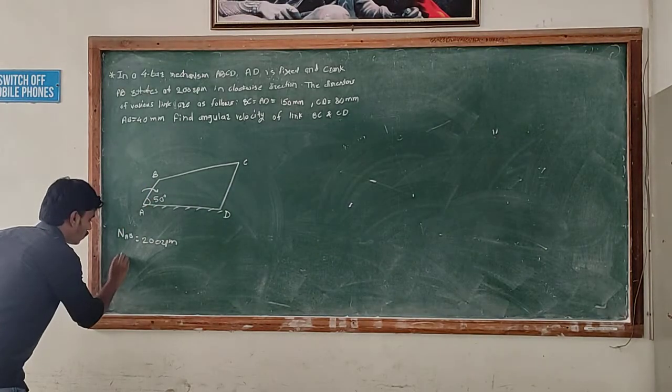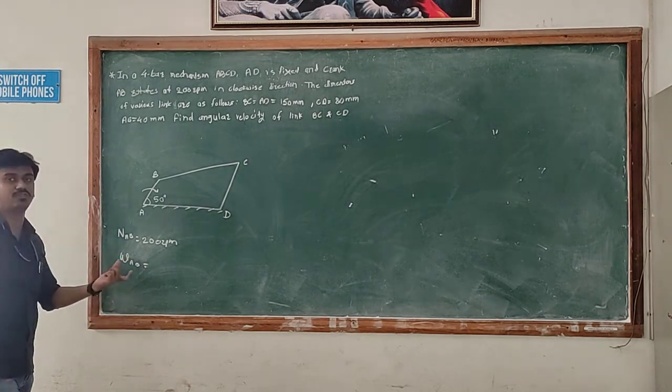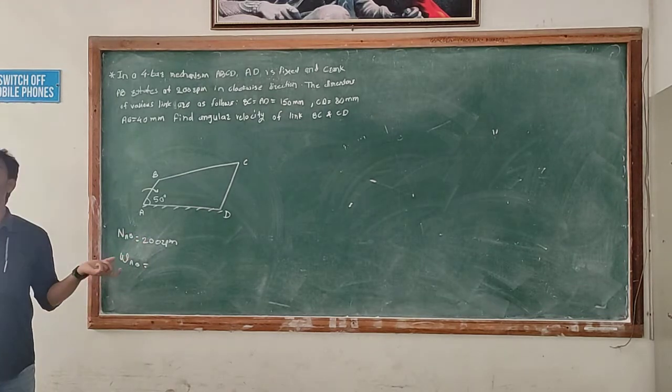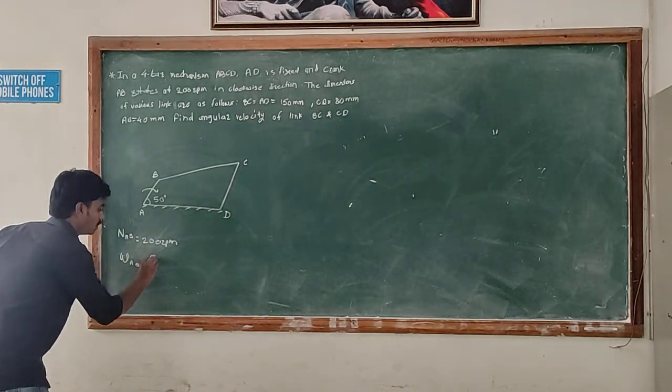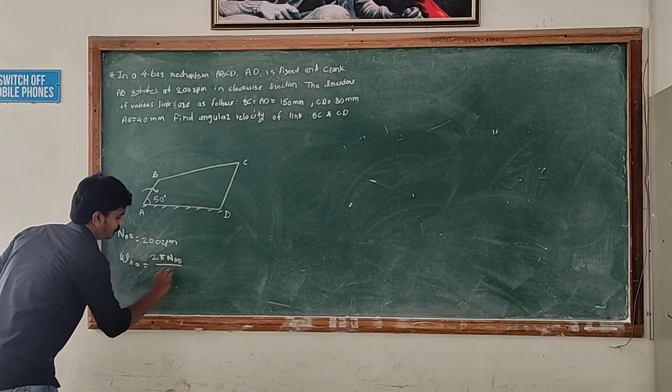So omega AB, we have the formula to convert rpm into radian per second, that is 2 pi N of AB divided by 60.